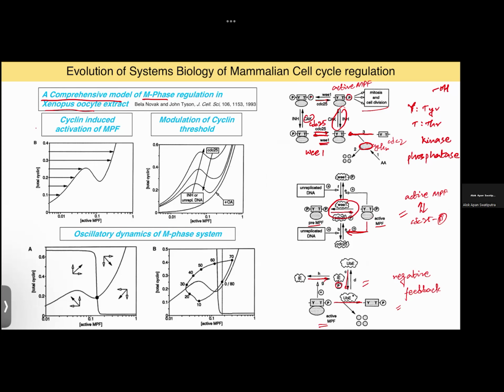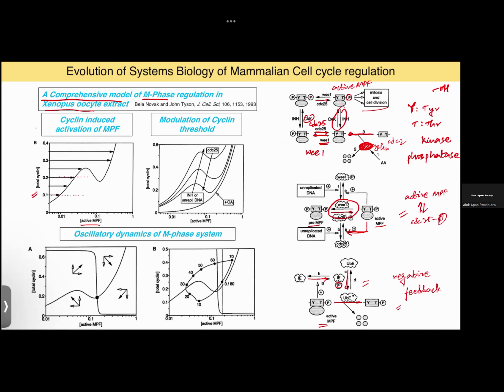And what they had also. If you take a look at this curve, which is the plot of active MPF concentration at steady state versus the total amount of cyclin. What they observed is this sort of curve. And from yesterday, we had learned how to interpret this. So when you have 0.1 level of cyclin, you will see only one steady state, which is the low steady state of activity.